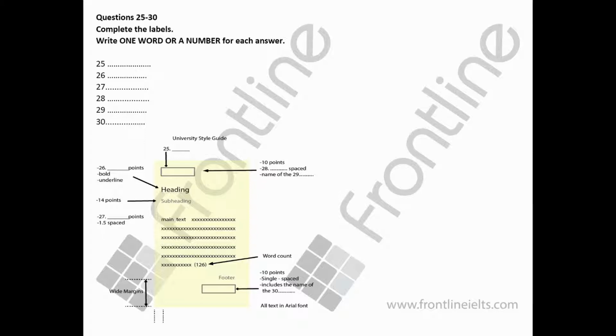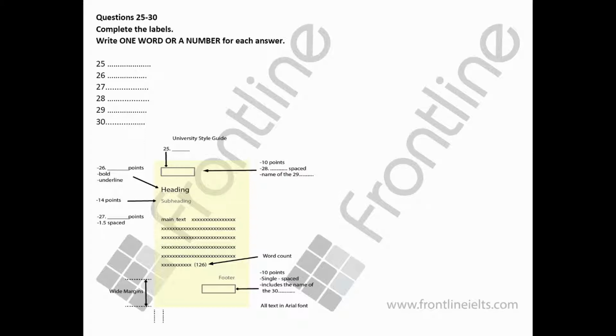And they also want the word count. Why do they need that? I guess because the lecturers will specify the number of words they want for their assignment, and they want to be sure students follow this. And even the heading on the page has to be a specific dimension, 16 points and bold print and underlined.